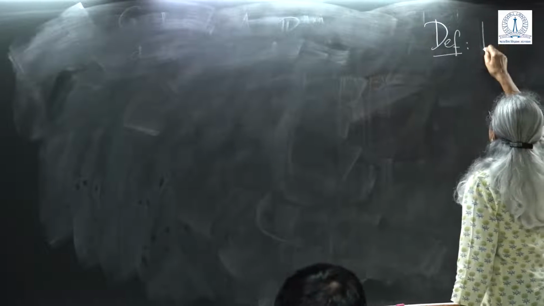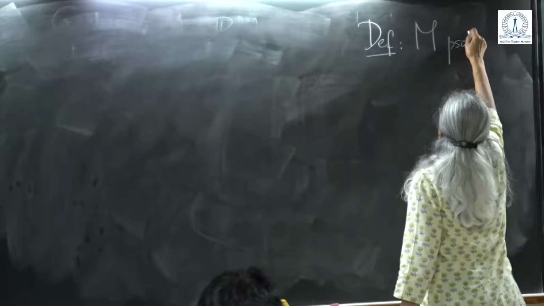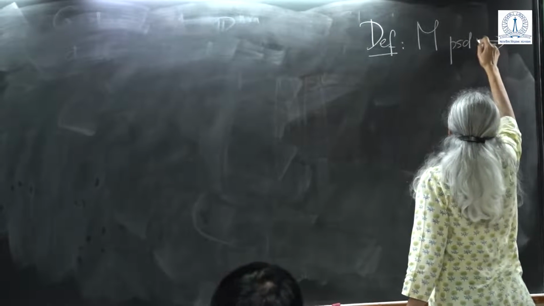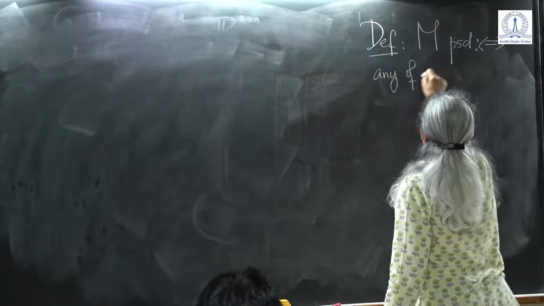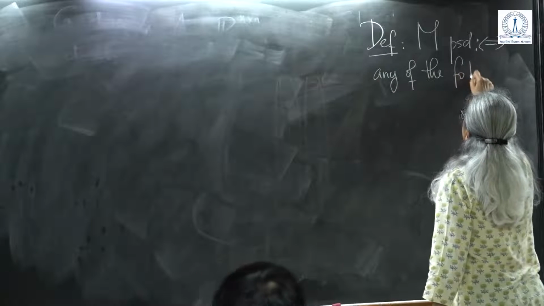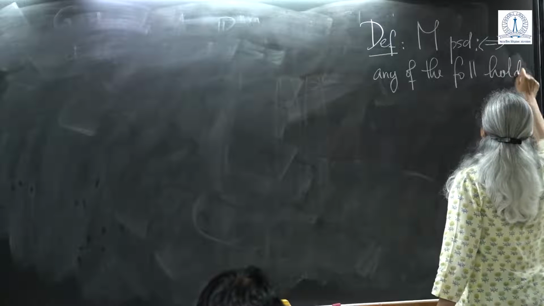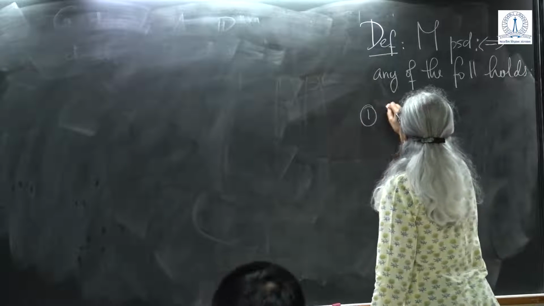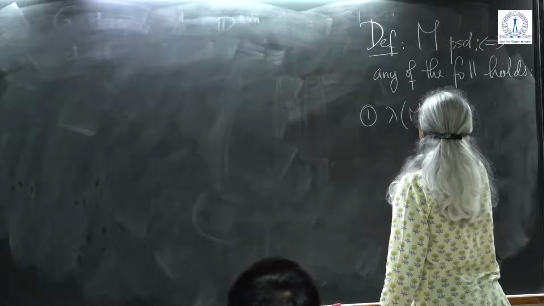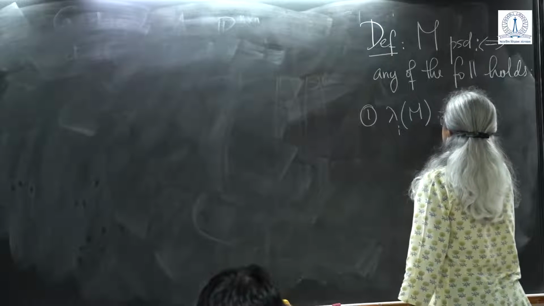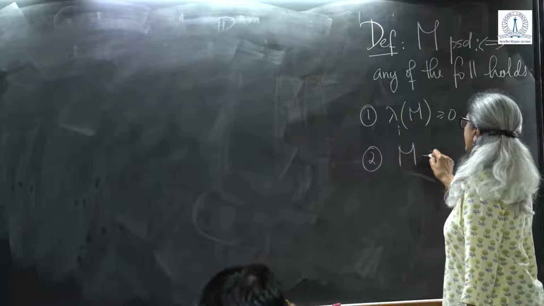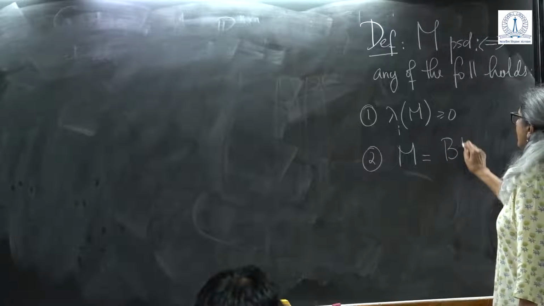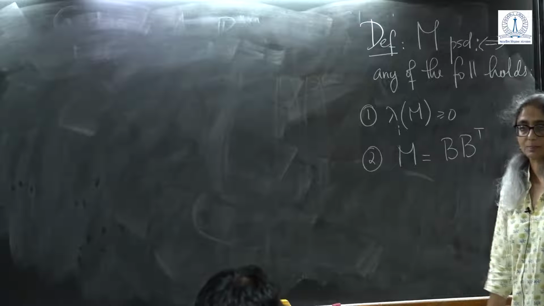Okay, so we'll say that a matrix M is PSD if and only if, and this is a definition, any one of the following is true. The first is that the eigenvalues of M are non-negative. The second definition is that I can write M as some matrix B times its transpose.